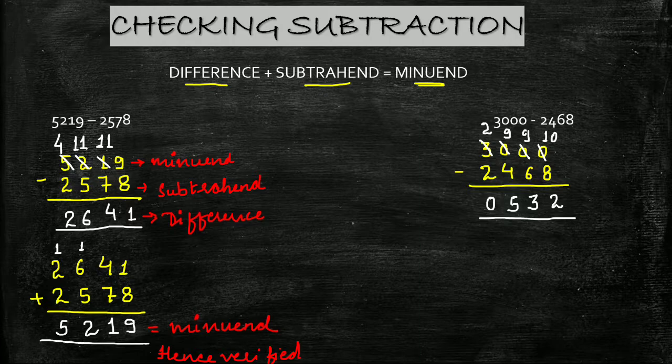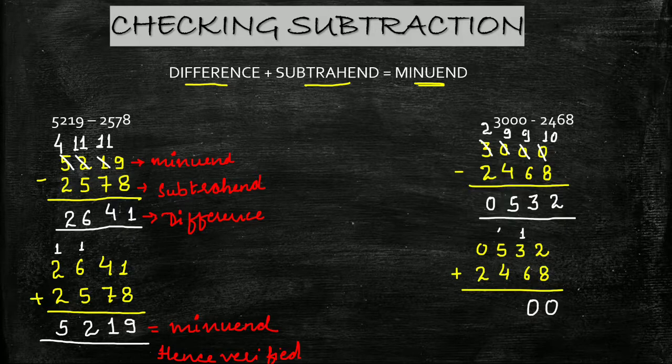Now let us check our answer. Write the difference and the subtrahend, that is 2468, and add them. So 2 plus 8 is 10. 0 will come here and 1 will be carried. 6 plus 3 plus 1 is equal to 10.